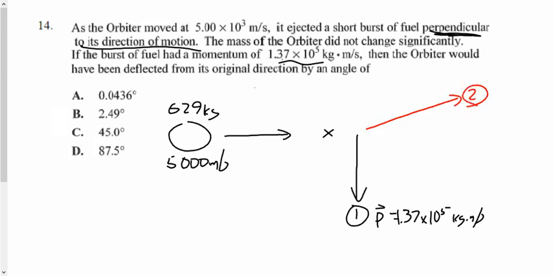So object number two, which is our orbiter, is going to go up and to the right after this explosion. Ultimately, it's this angle that we're trying to find right here. We're also told here that the mass of the orbiter did not change significantly. So we're going to say that the mass of the orbiter, although it is a little bit lower technically, is going to continue to be for us 629 kilograms.